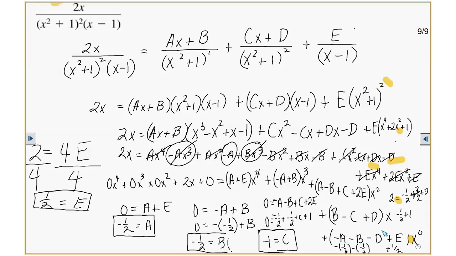What did D come out to be? It comes out to be a constant 1. Trying to figure out how they got that. Means they're subtracting 1.